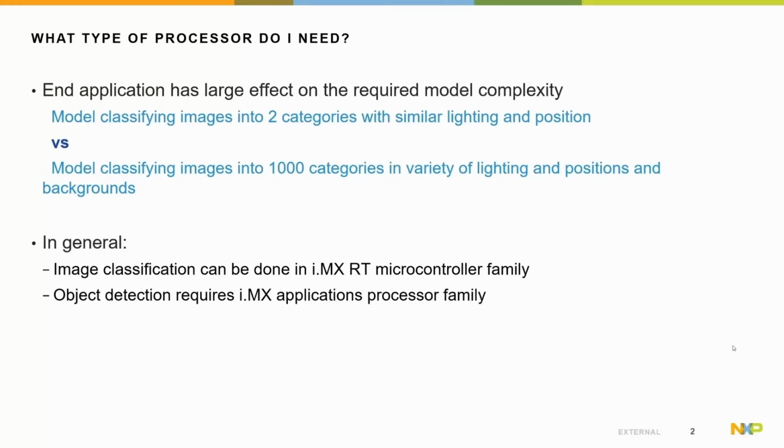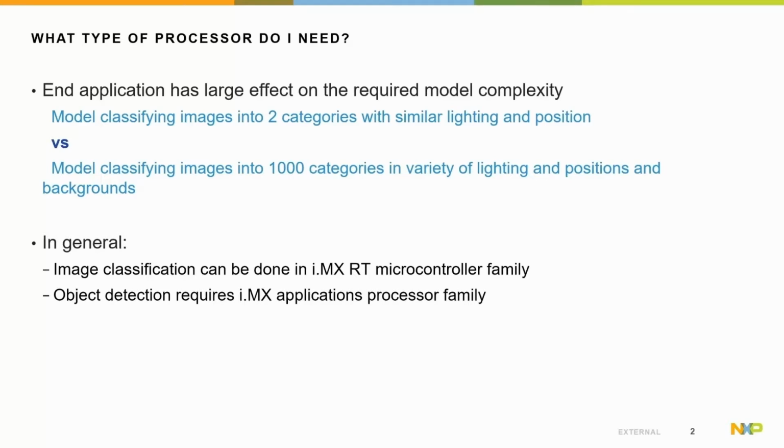Of course, what is reasonable is very application specific, so it's very hard to say up front exactly what that's going to be. But in general, we see that applications doing simple image classification can typically be done with an i.MX RT microcontroller family, and that's what we're going to focus on in the presentation today.